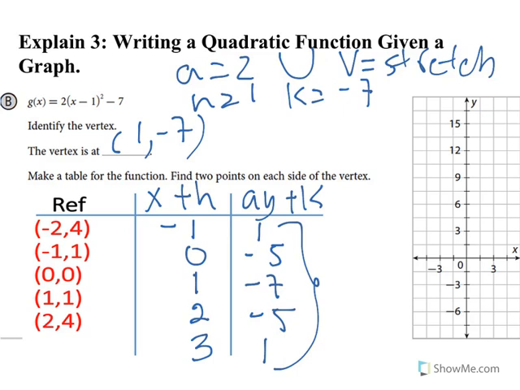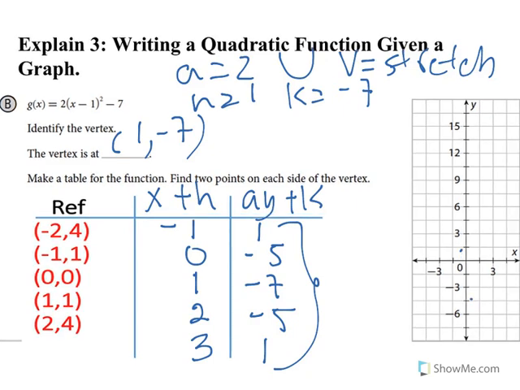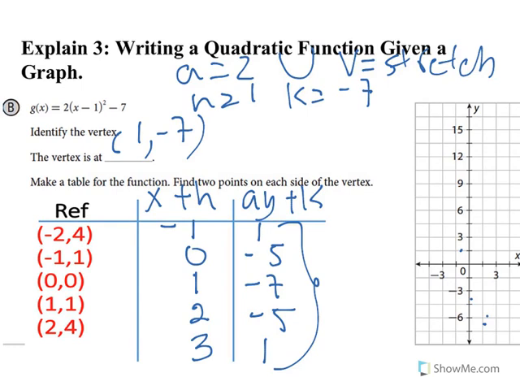Right? So we can graph. So then -1, 1 is maybe somewhere here, and 0, -5, so it's here, and 1, -7, so maybe somewhere here, and 2, -5 is here, and 3, 1 is here.